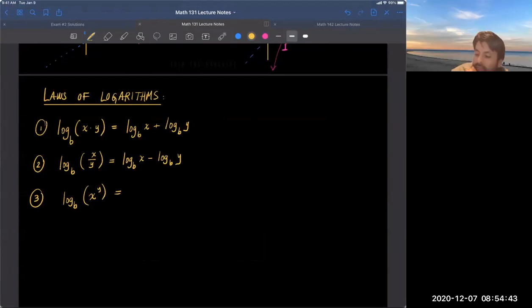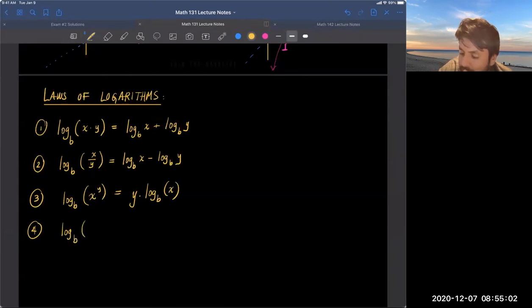Well, the power rule states that you can put this exponent in front. So I can rewrite this as y multiplied by log base b of x. That's the power rule. And then what if I have log base b of 1?